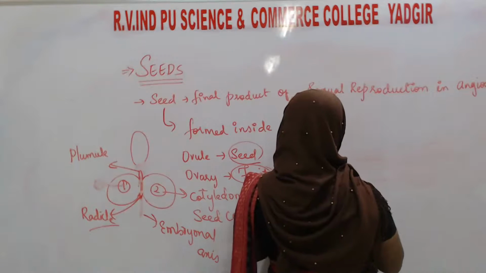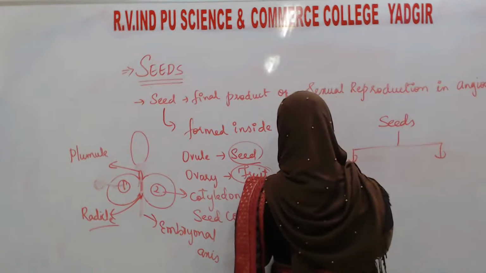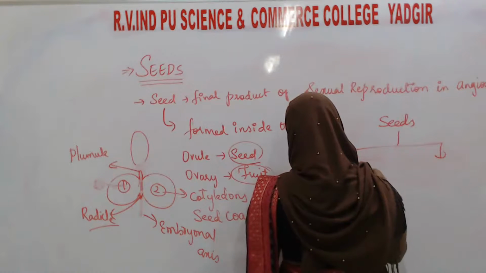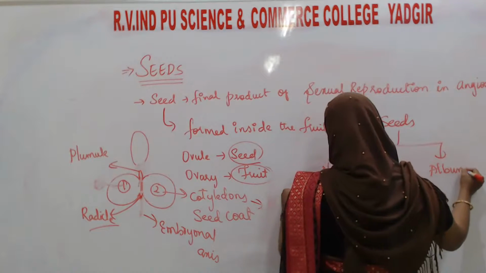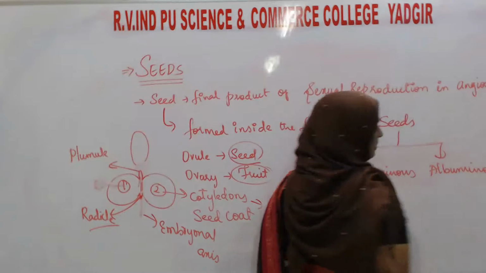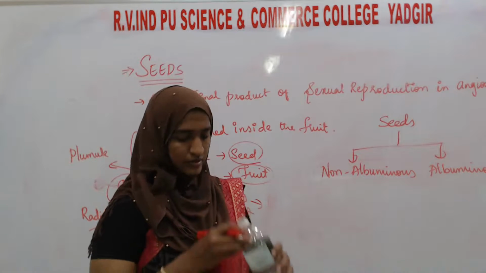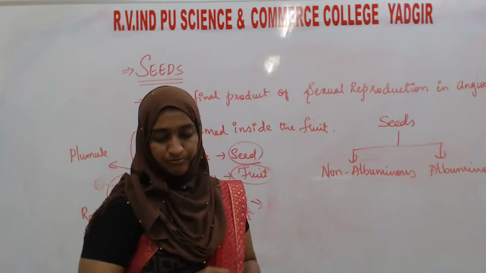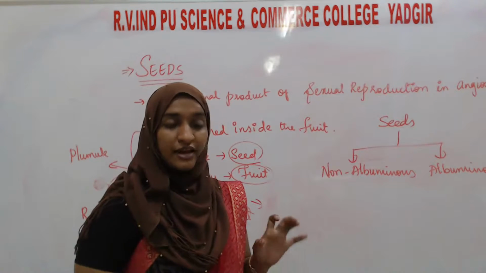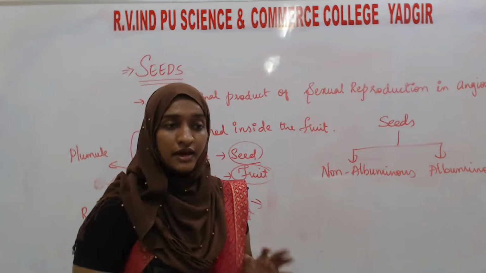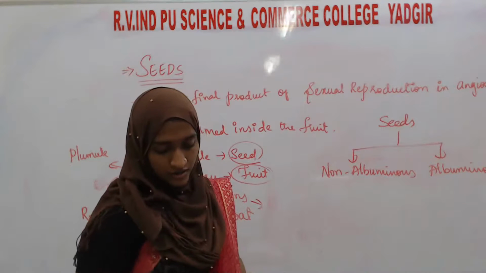One is non-albuminous, and the other is albuminous. Non-albuminous seeds do not have any residual endosperm. The endosperm is totally utilized by the developing embryo. That type of seeds are known as non-albuminous.